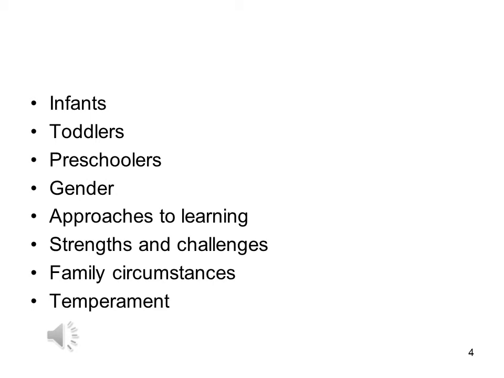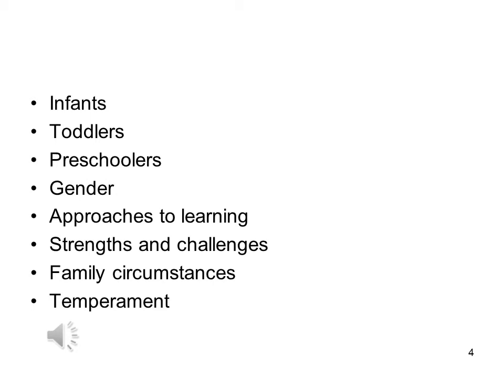As far as approaches to learning, beginning with birth, children are able to develop relationships with adults. They begin to develop trust and explore the world. And so there are specific characteristics that will determine a child's approach to learning.